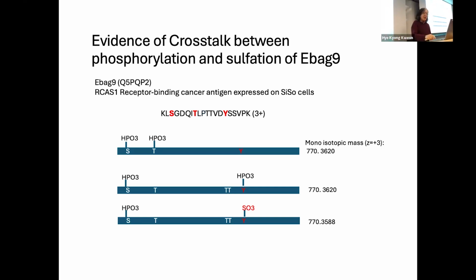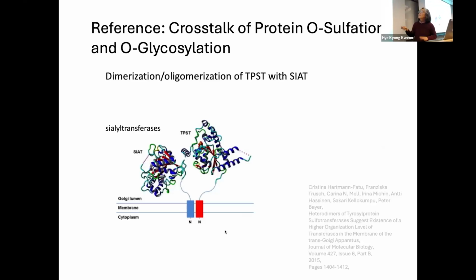It'll be interesting. Another example, not phosphorylation and sulfation, but in other studies, crystallography and immunization studies, it has been reported that the TPST enzyme in Golgi is present as a dimer.